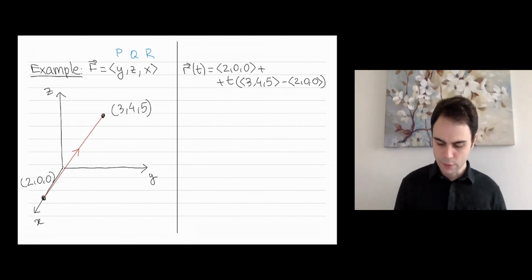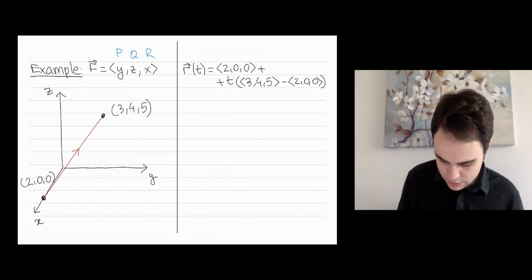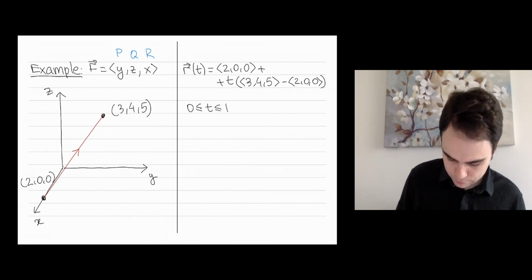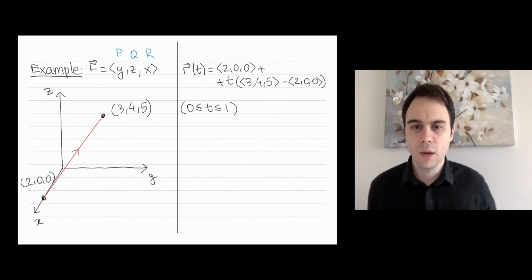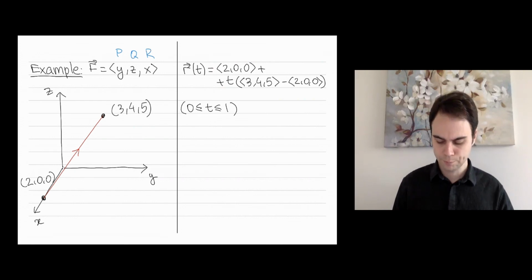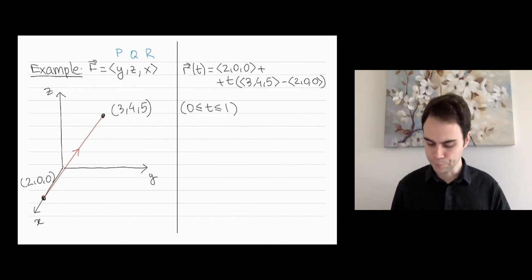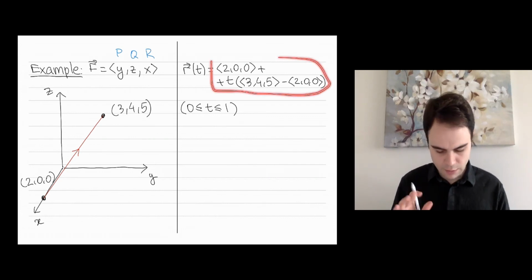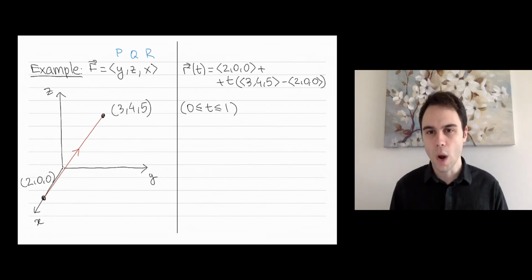And the parameter will live between 0 and 1. I'll expand and simplify this in a moment, but first let's understand why this works.